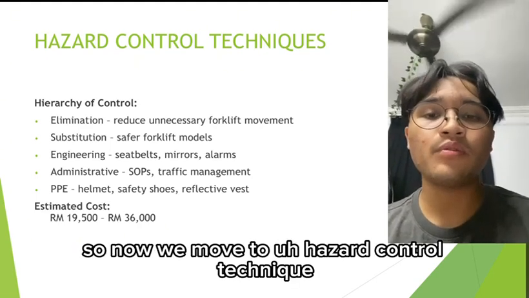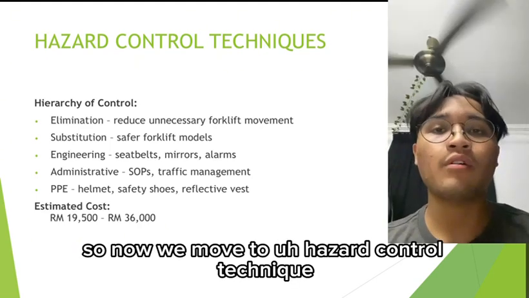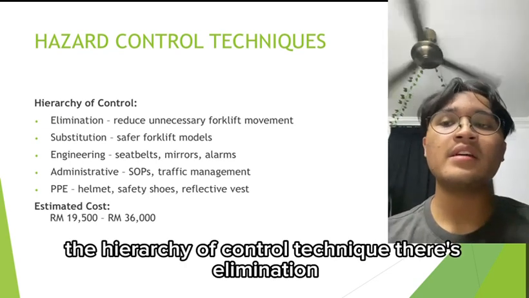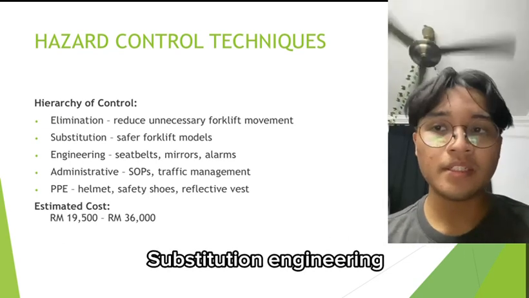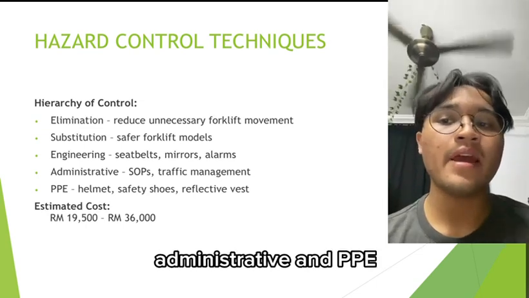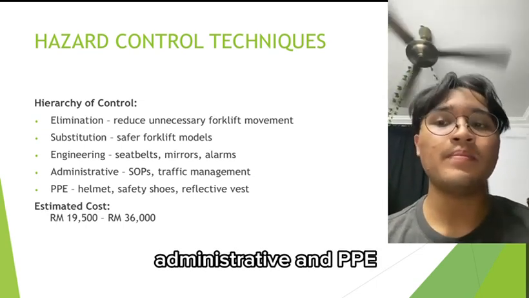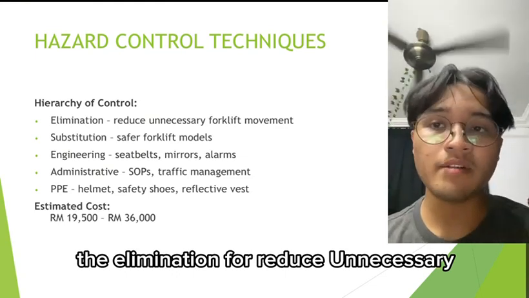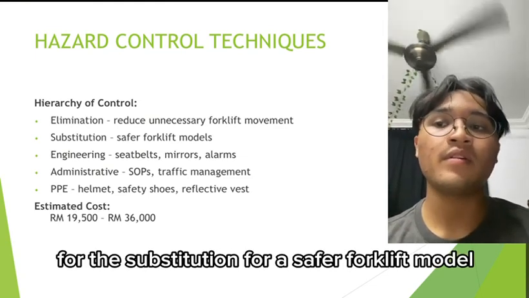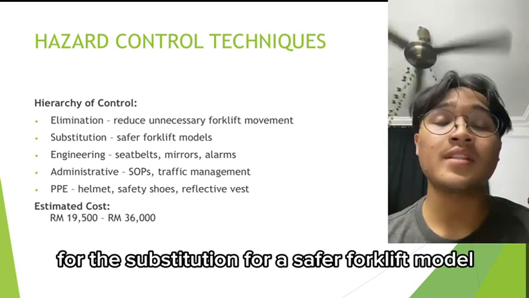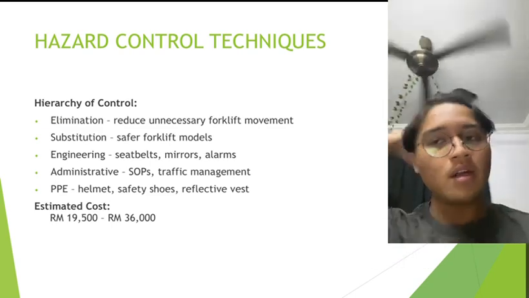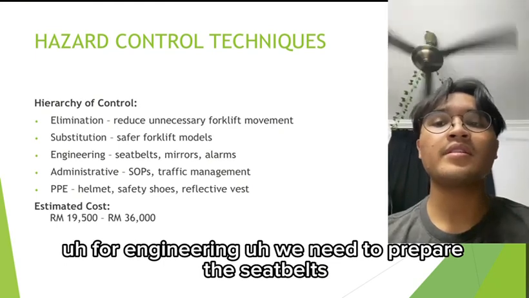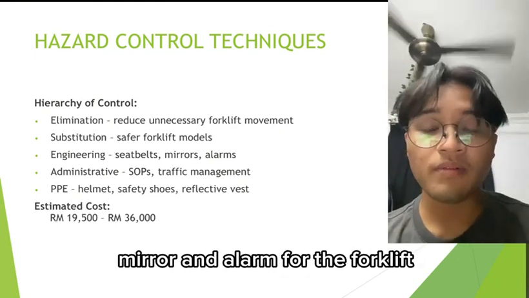So now we move to hazard control technique. The hierarchy of control technique, there's elimination, substitution, engineering, administrative, and PPE. The elimination is to reduce unnecessary forklift movement, for the substitution is a safer forklift model. For engineering, we need to prepare the seat belts, mirror, and alarm for the forklift.